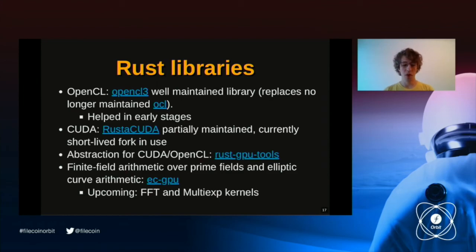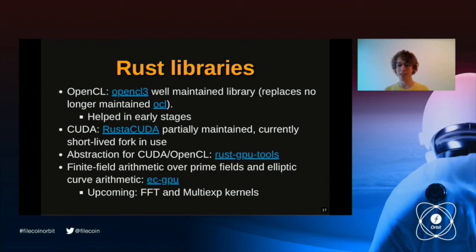We interact with OpenCL, and there is a library called OpenCL3, which is well maintained and replaces a library that is no longer maintained called OCL. We used OCL in the past, but with newer versions of the proofs, we use OpenCL3. As you've probably seen, the transition was quite seamless.